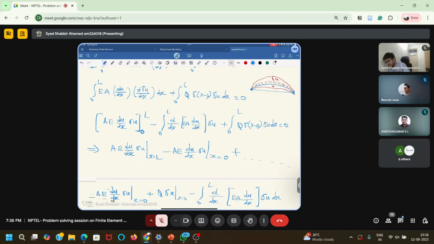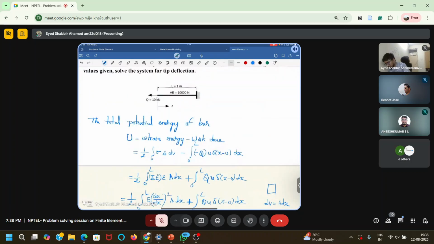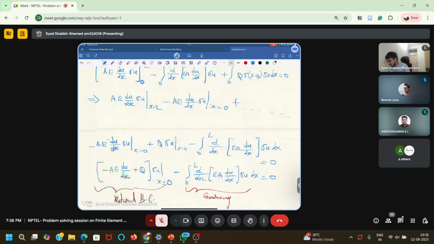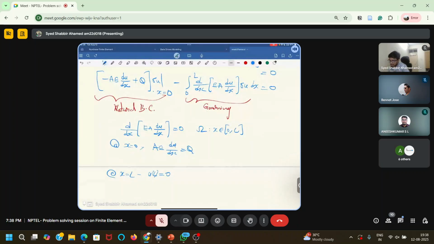So, using the energy principle, or you can say variational principle, by minimizing potential energy, we are getting the same thing by the end. Like we are getting the strong form and also the boundary condition.